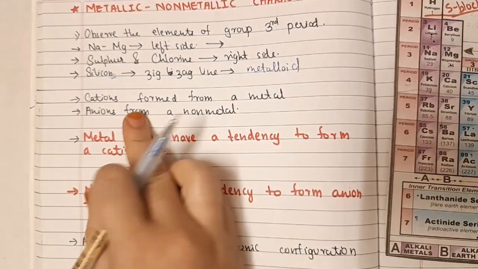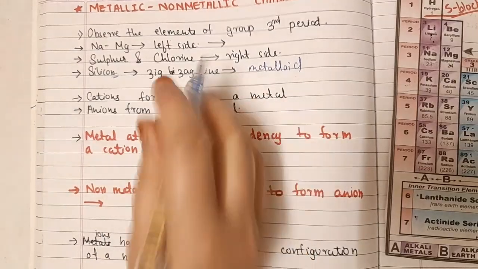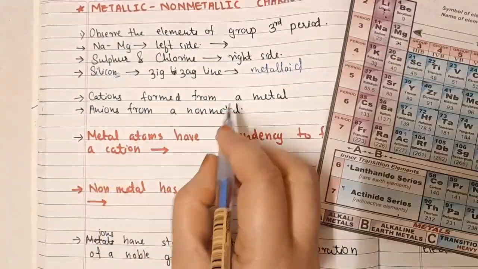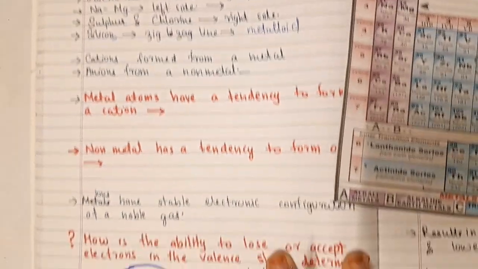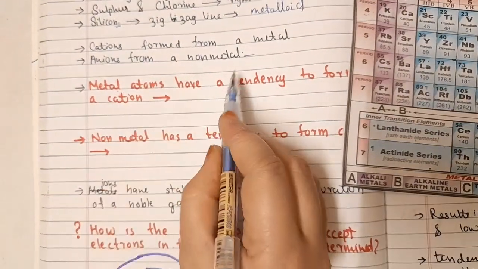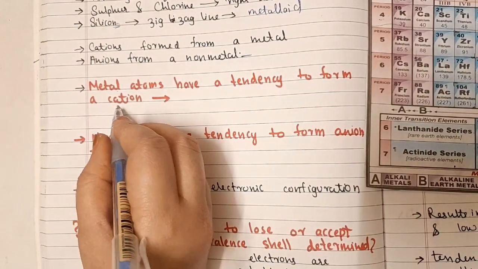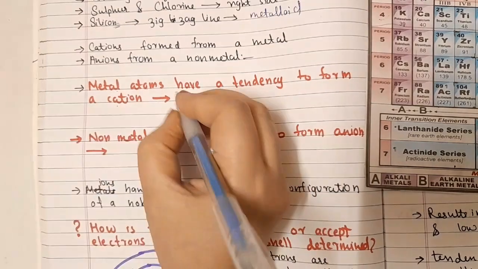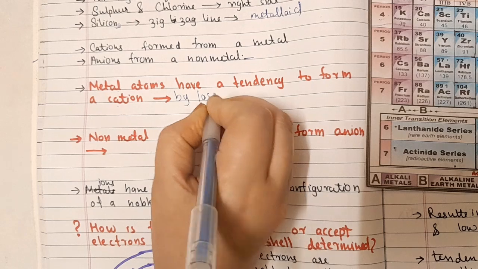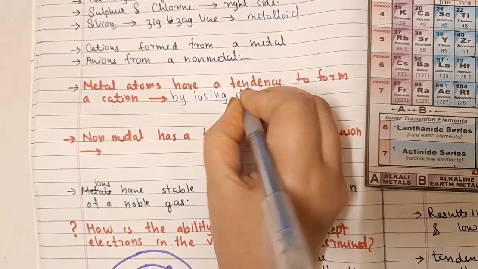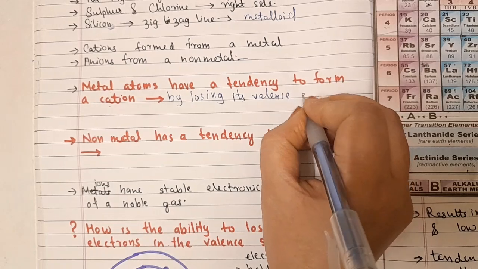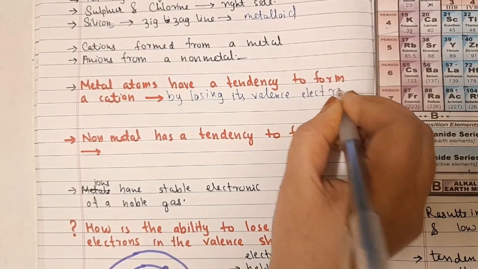All right, cations form from a metal, so metals form cations, and anions are formed by non-metals. Metal atoms have a tendency to form a cation by losing electrons, by losing their valence electrons. Valence electrons are the electrons present in the last shell, or the valence shell.